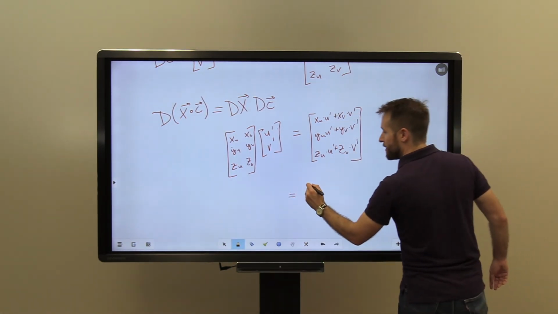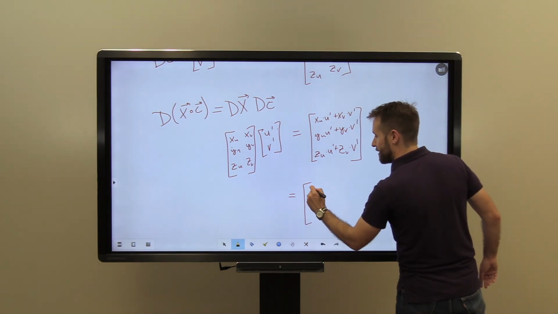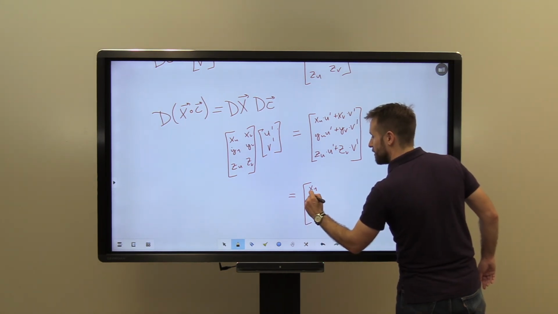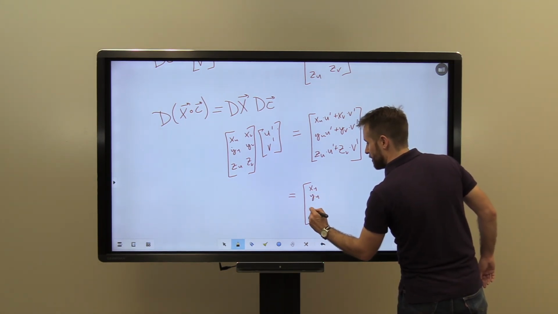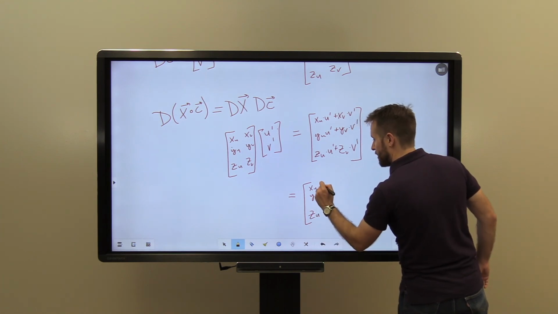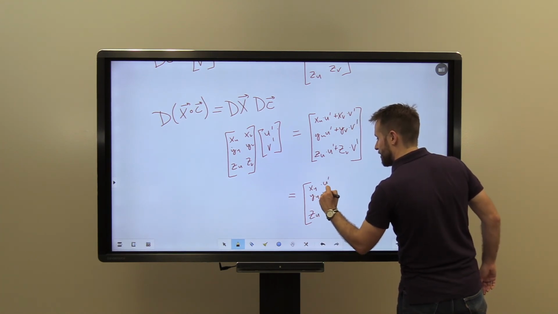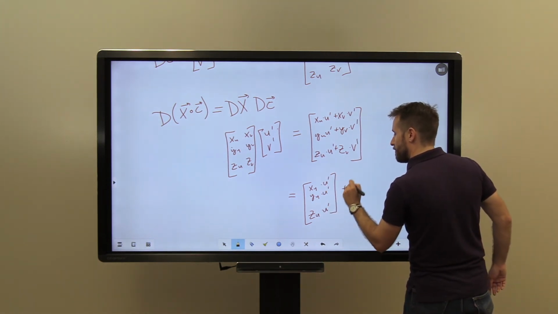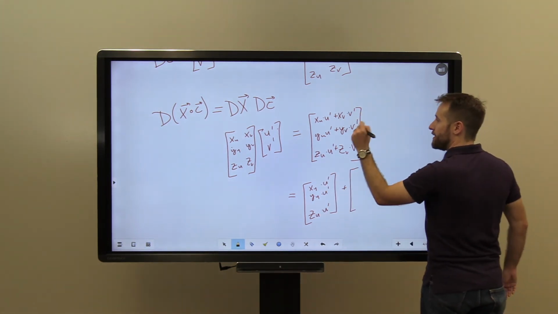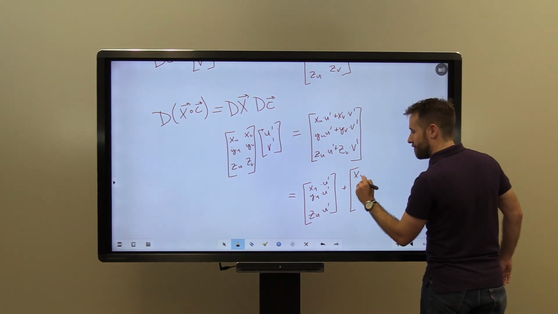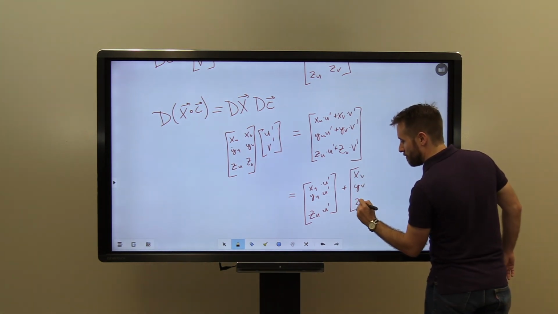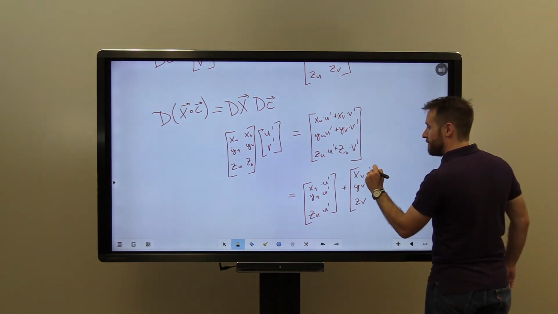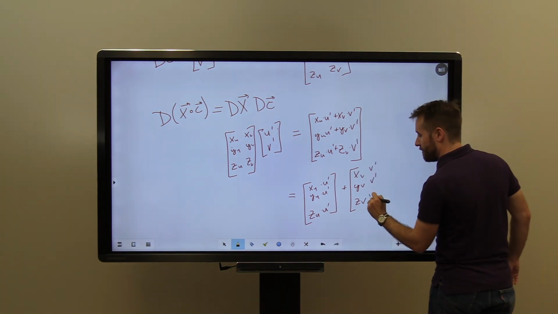So let's make sure that we see that in action. I can factor this into two different pieces, right? This is x u, y u, z u, and then each of these has a u prime, u prime, u prime, plus x v, y v, z v, times v prime, v prime, v prime.